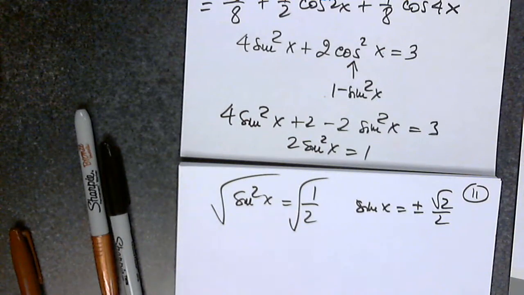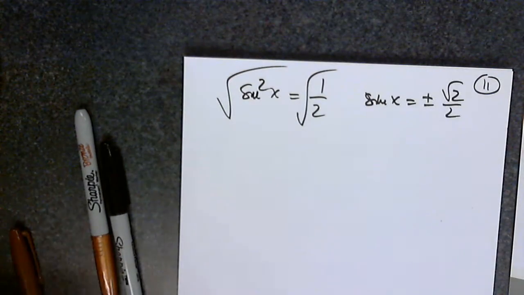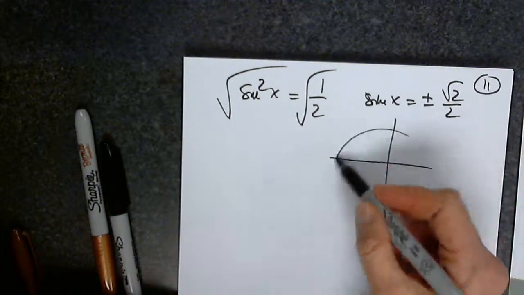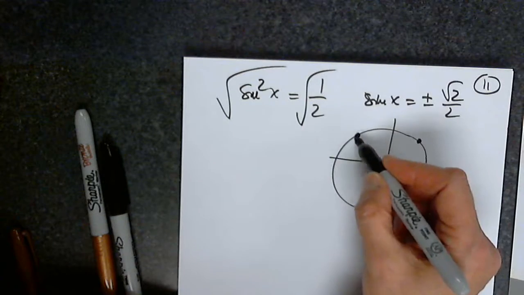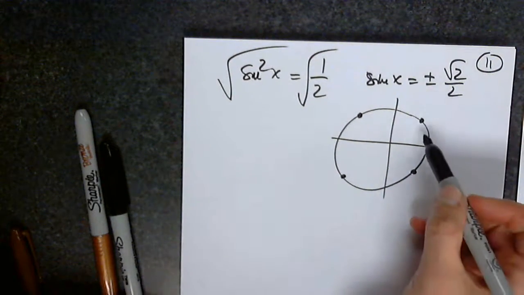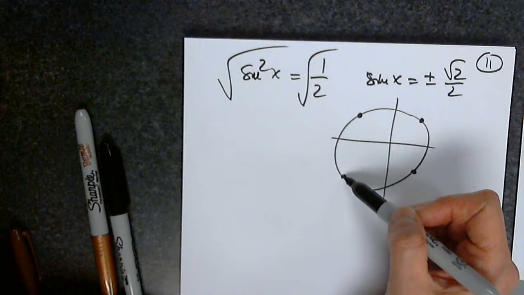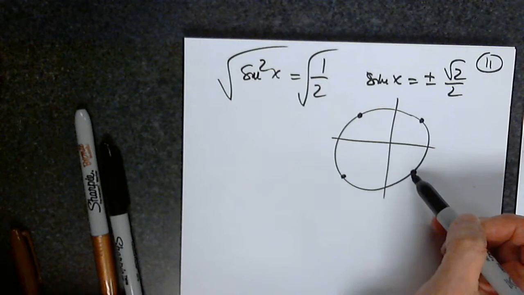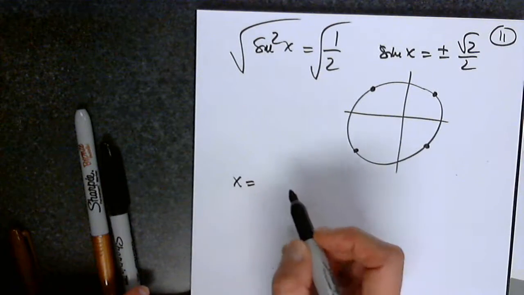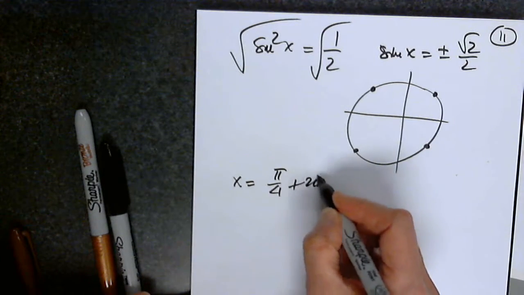And I know exactly which angle that is. So for plus and minus, I have all these points. One pi over 4, 3 pi over 4, 5 pi over 4, and 7 pi over 4. So x equals pi over 4 plus 2 pi k.